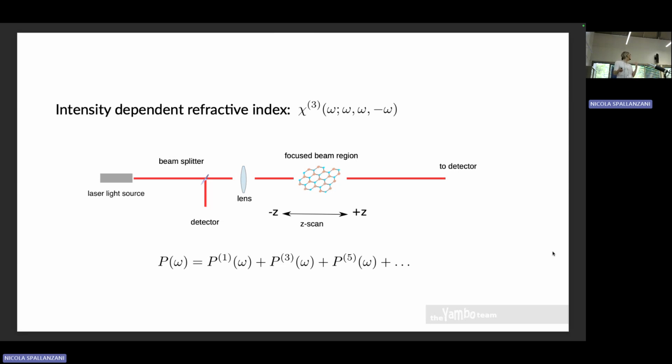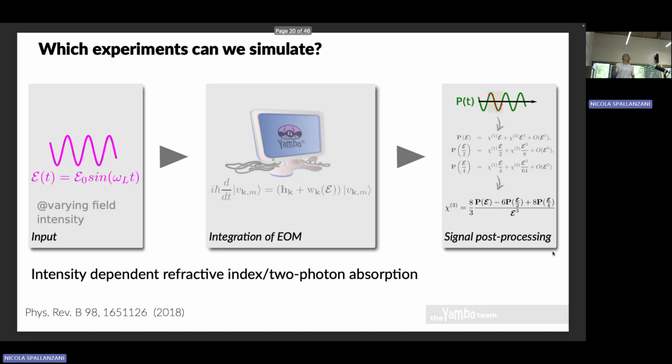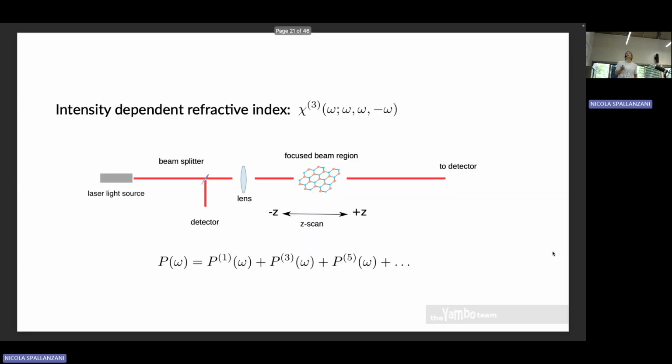Of course, you may not see anything directly, but you can extract it using this extrapolation at different fields, and then you can find this third-order contribution to the intensity.